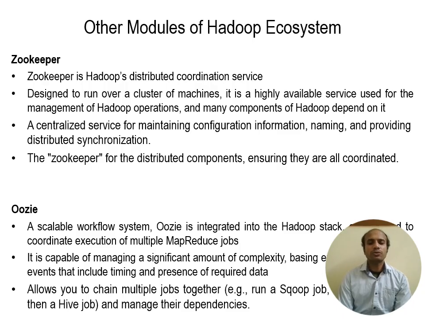Oozie allows you to chain multiple jobs together, for example, run a Pig job, then a Hive job. So this is chaining multiple jobs together and managing their dependencies. So Zookeeper is the distributed coordination service, and Oozie is the project manager to define complex business tasks.